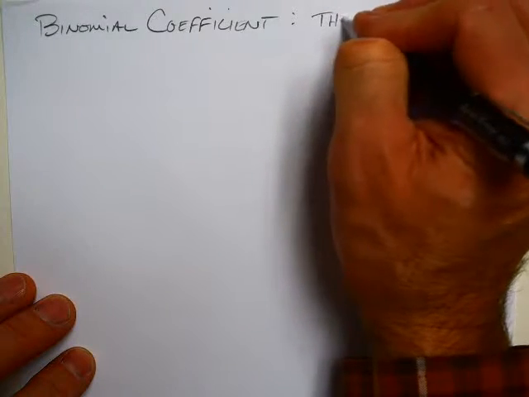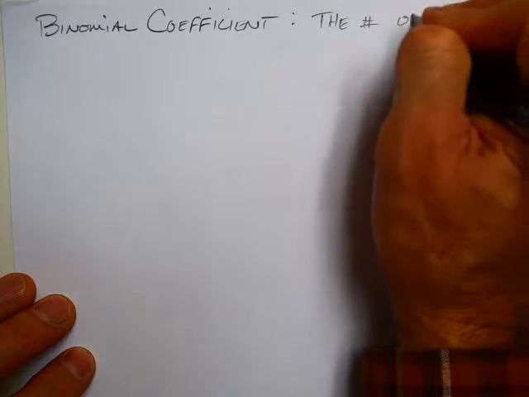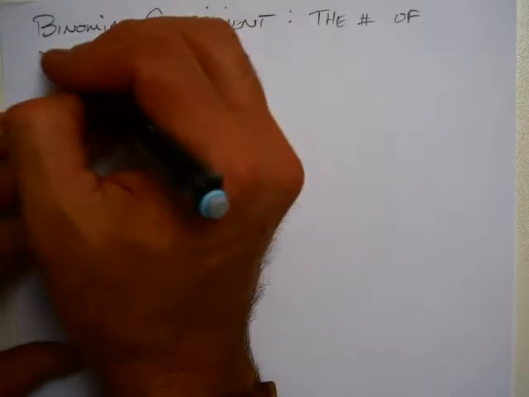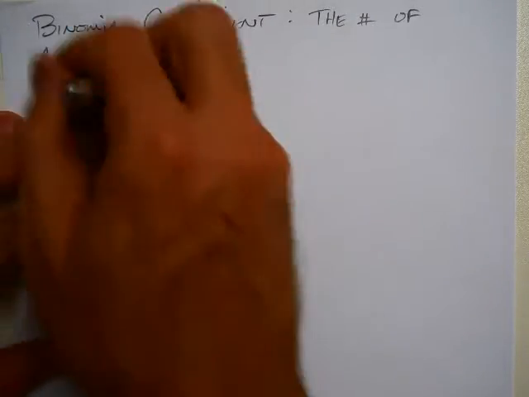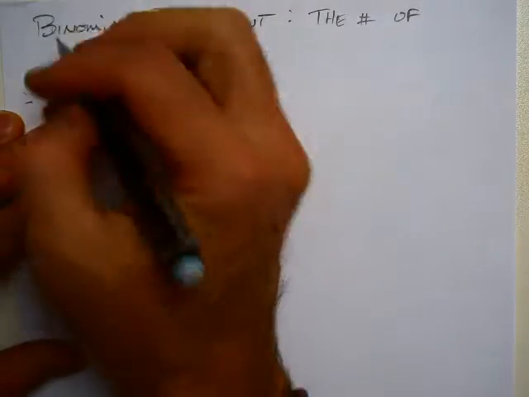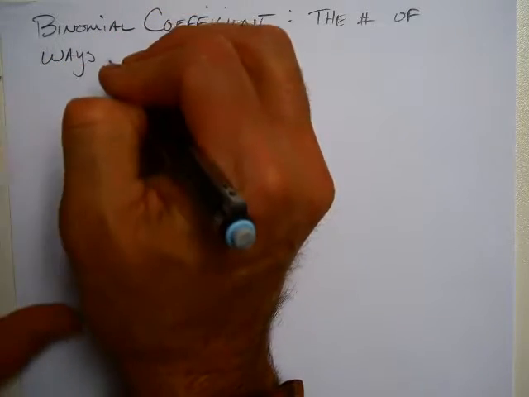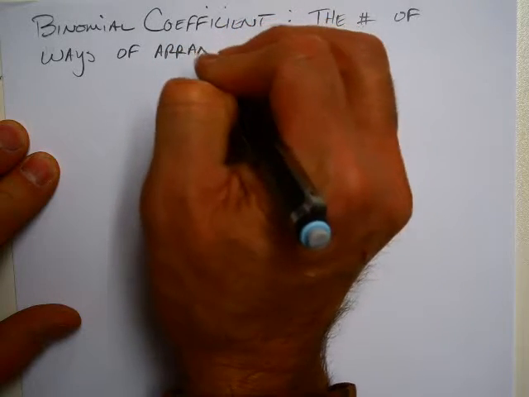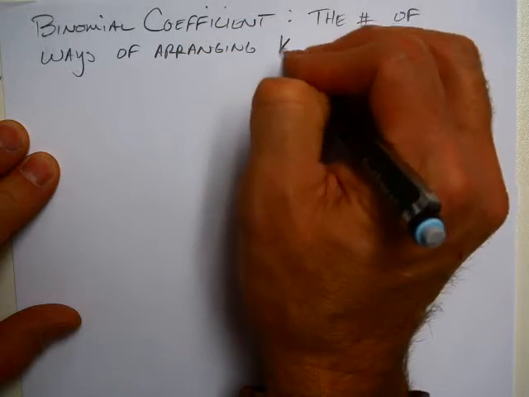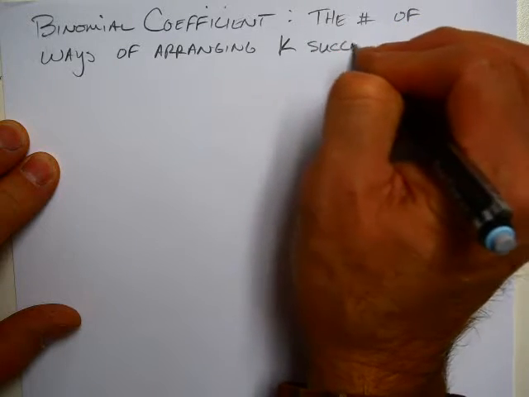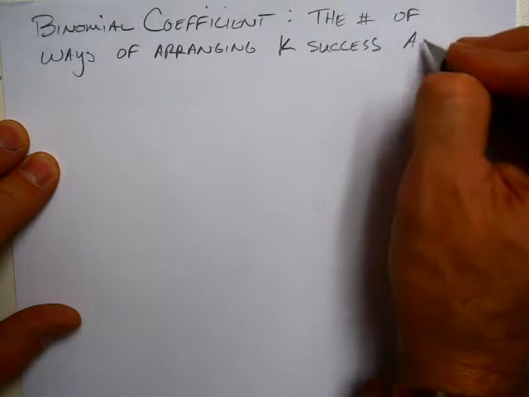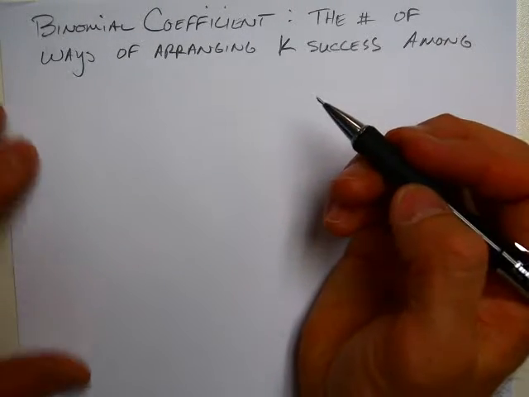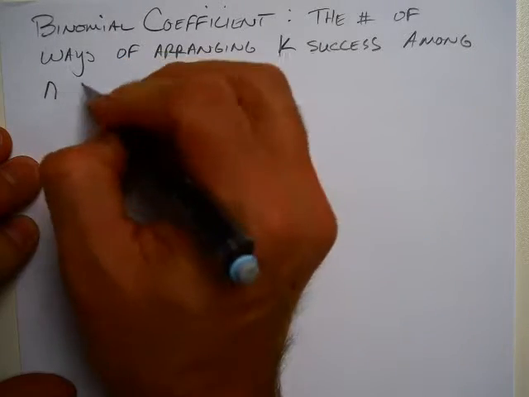This is the number of ways of arranging k successes among n observations, so k being the number of success events among n observations.